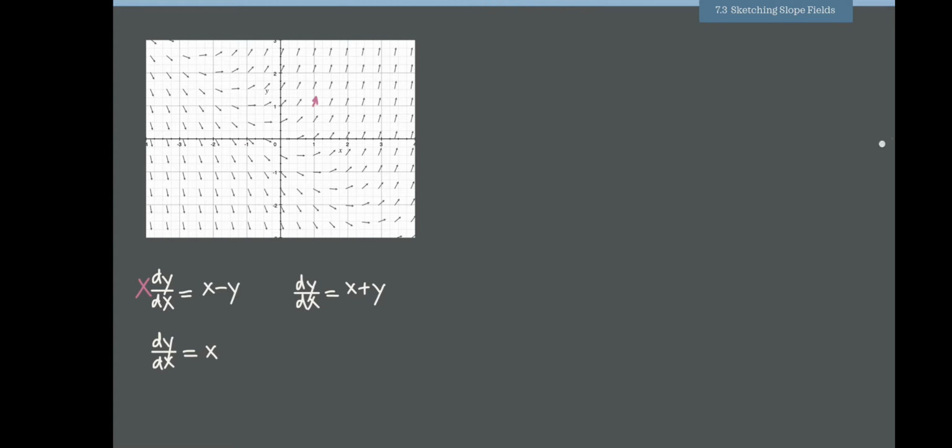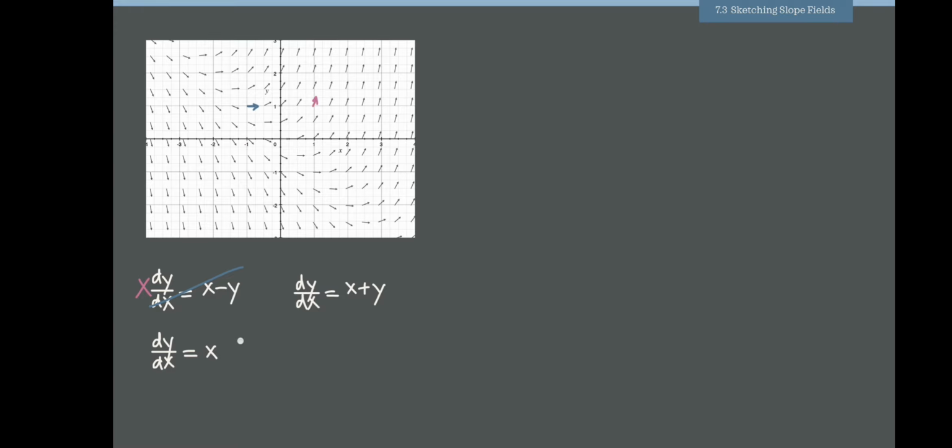How about we take the point negative 1, 1, so we have this little arrow right here. Let's go ahead and test each equation just to make sure. So here at negative 1, 1, we would get negative 1 minus 1 is a negative 2. Well, that blue arrow definitely doesn't have a slope of negative 2. It looks like it has more of a slope of 0. So again, we rule out this equation.